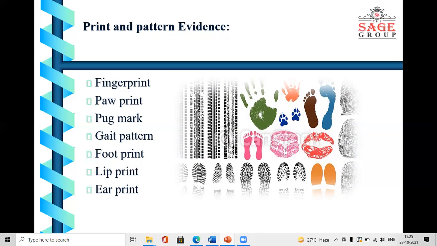The law of individuality, which is a principle of forensic science, is applied here. Like this is a skid mark, this is a paw print, this is a footprint, a lip print, and this is a pug mark. Pug mark is the mark of animals. Shoe prints, etc.